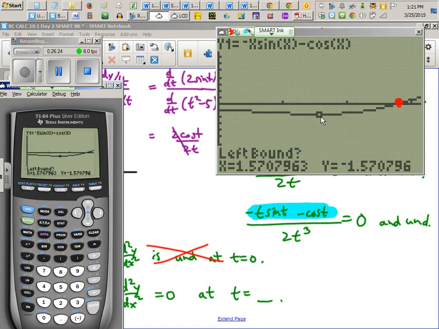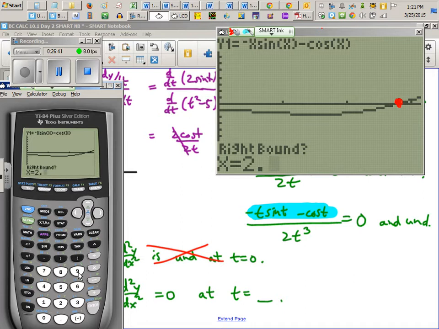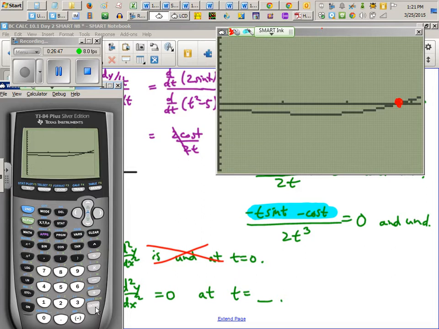So you can just type 1 or something, and then pick a number slightly to the right of this, something like 2.9. So I'm going to press 1 for left bound and 2.9 for right bound. And I don't even usually make it guess. So I'll just go 1 for left bound, enter. 2.9 for right bound, enter. Ooh, that was a close one. Look how close it is to the dot. And then for guess, I don't usually do anything. 2.7984.